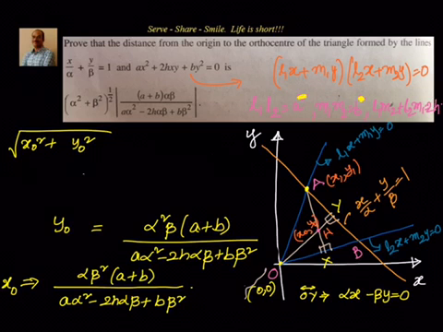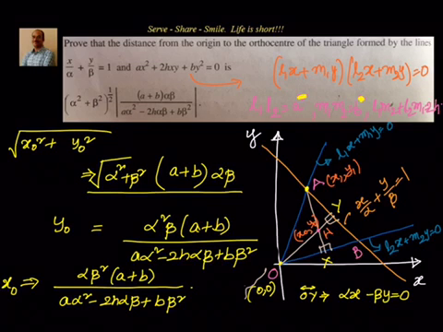Now we substitute the values, we get square root of alpha square plus beta square, and multiply that with (a plus b) into alpha beta, divided by (a alpha square minus 2h alpha beta plus b beta square).